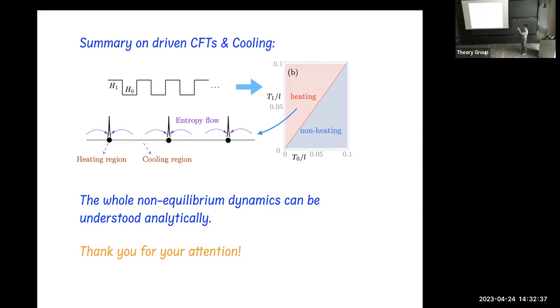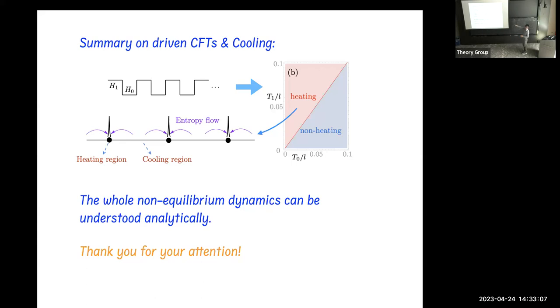If you introduce some small fluctuations in your time T1, T0, this heating phase will also vanish. But there is always some time scale for your perturbation strength. Within this time scale, it has a heating feature, but in the very long time limit compared to the perturbation strength, this is not stable.